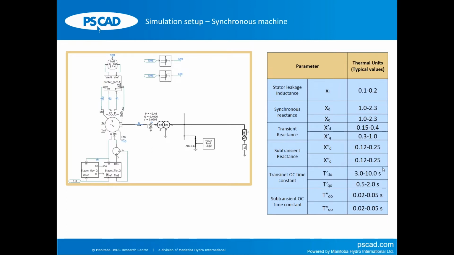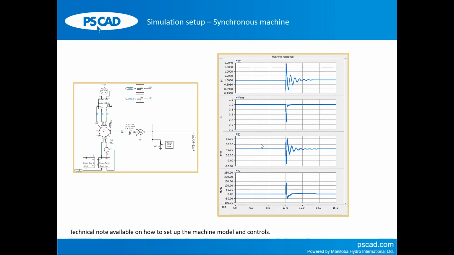You have to be mindful in order to get the right response. For example, if I see TDO double dash or TDO dash as 0.3 seconds, I would question that, right? This is also good information, and in a technical note that I will show you, all these are listed, right? You have all this information. So I will show you this example a little later.